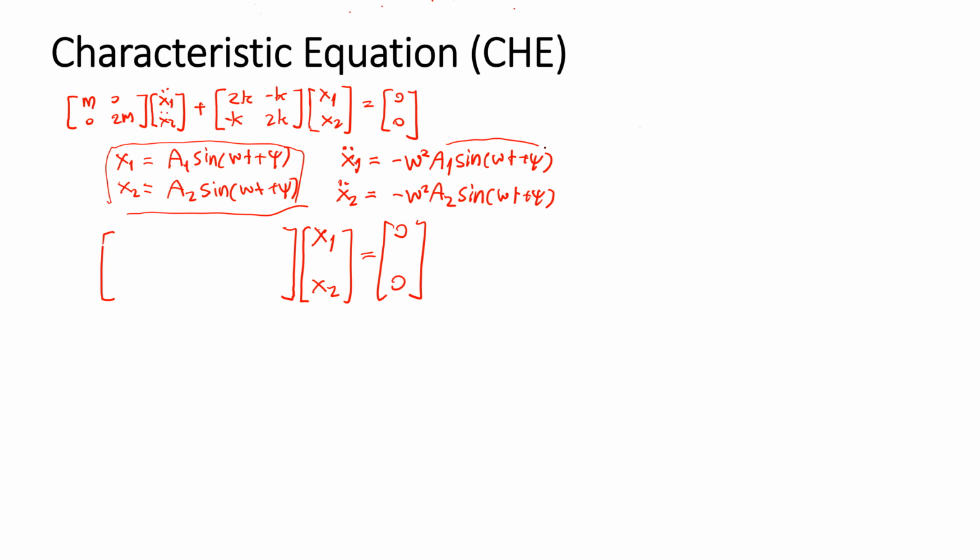But this is x1 and this is x2. So now we can combine these two matrices by multiplying the first matrix by minus omega square.